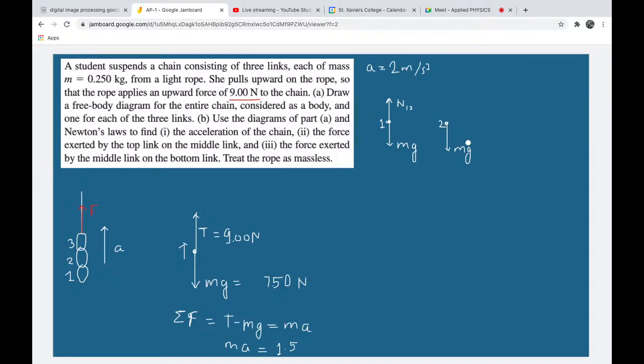What will work else downward? So you can see that the two chains are in contact. So there is one normal reaction also working downward. Now remember, this normal reaction is again between 1 and 2, and it's a reaction pair of this. So this would be called N21, and do remember that in magnitude it is equal to N12.